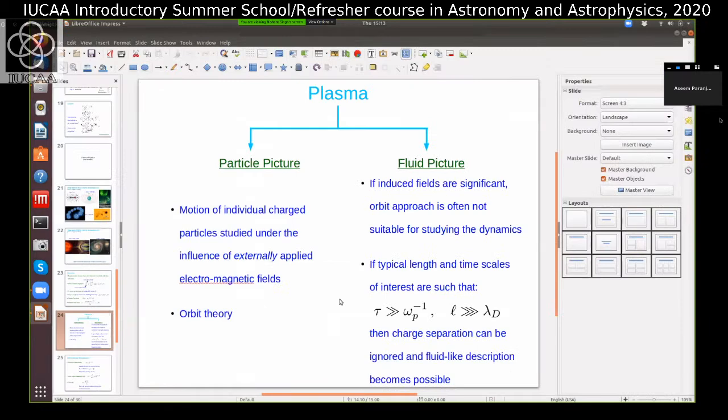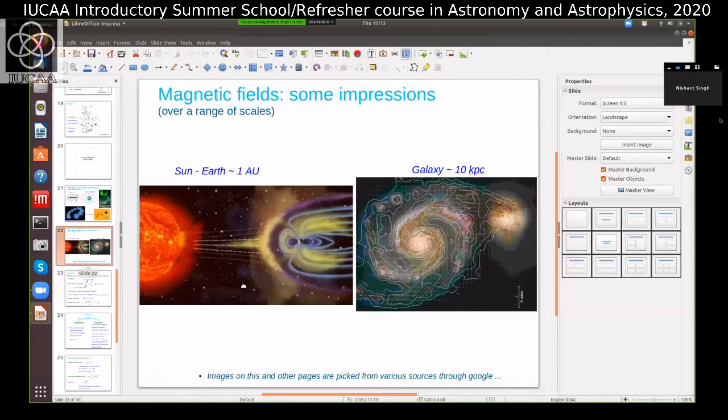So first is, on what observational basis is the mapping of galactic magnetic fields done? I guess what she's asking is, what are the observations used to map galactic magnetic fields?